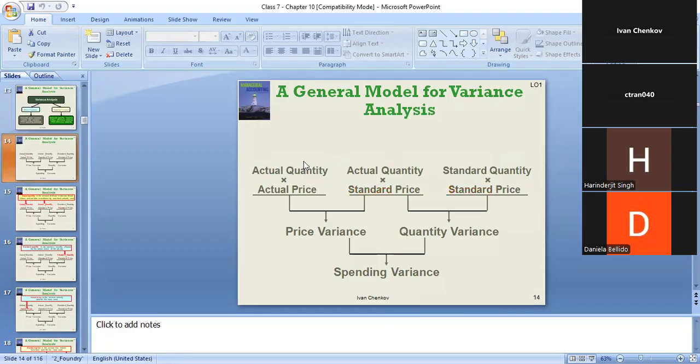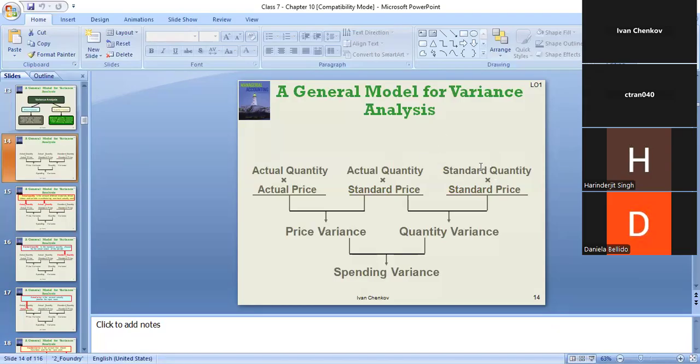So again, on the right side, you're going to have standard quantity, standard price. On the left side, we're going to have actual quantity and actual price. In the middle, we're going to have something from the left side and something from the right side. And then we're going to start preparing the variances. Why?